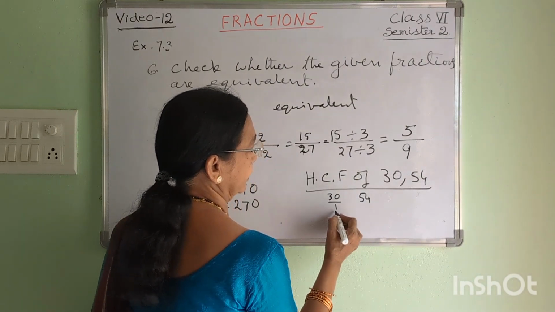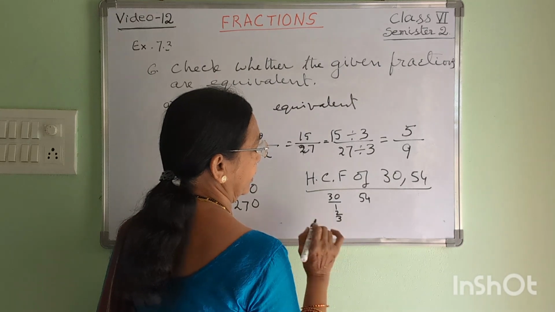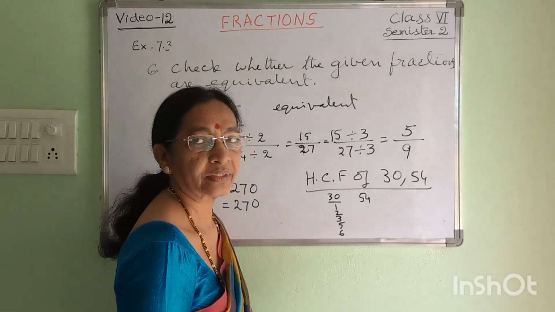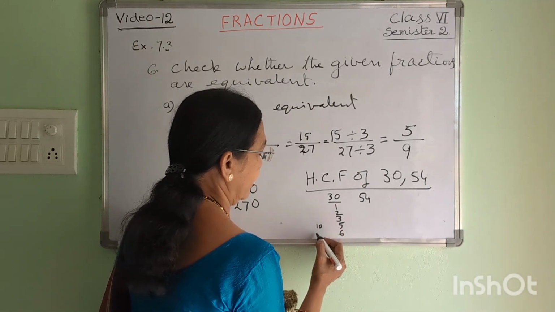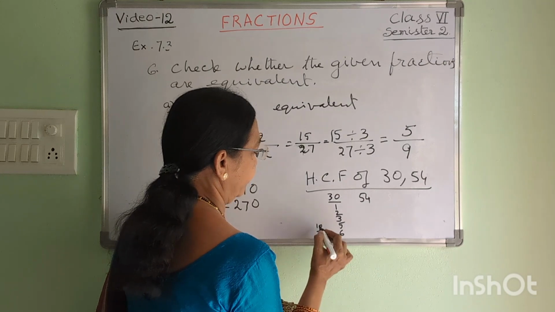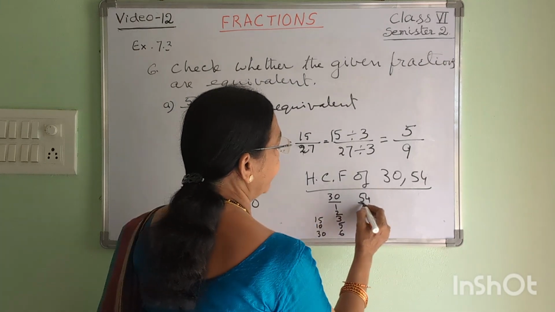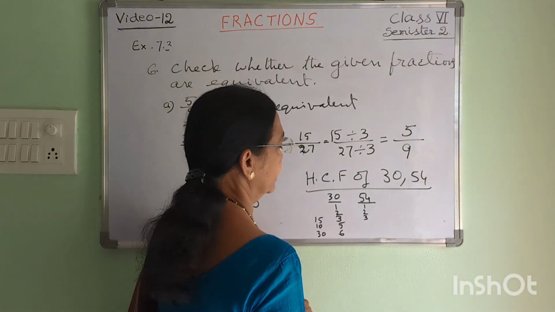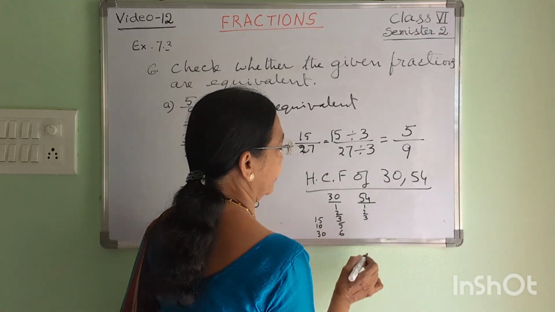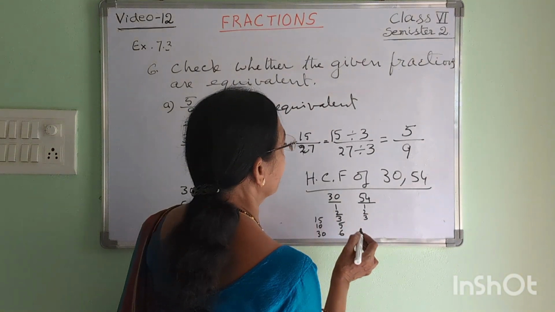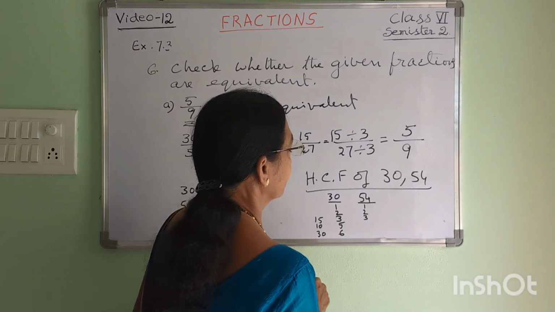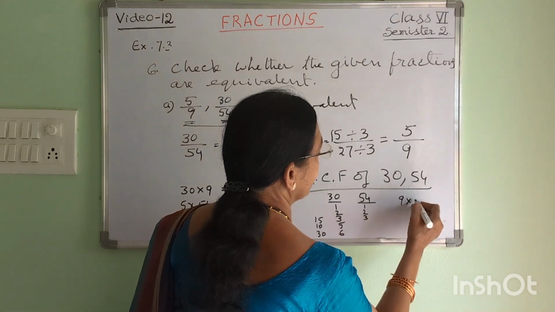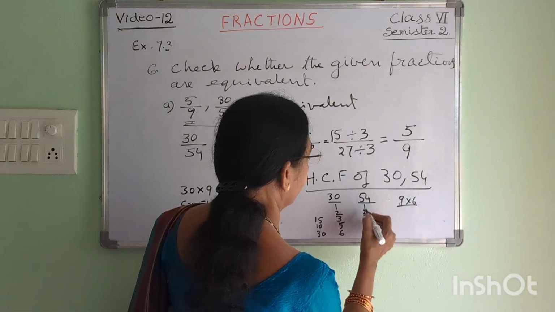30 factors are 1, 2, 3, 4 is not a factor, 5, 6, 10, and 30. 15 is also a factor. For 54, 1, 2, 3, 4 is not a factor, 5 is not a factor, 6 is a factor, 9, 6, so 6 is a factor.